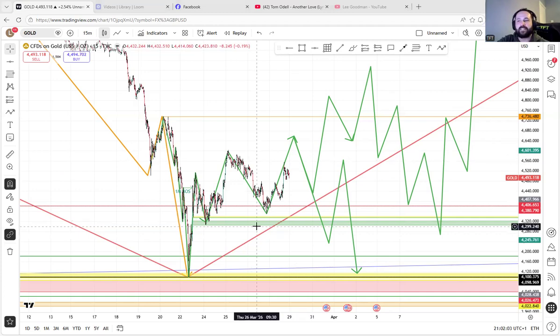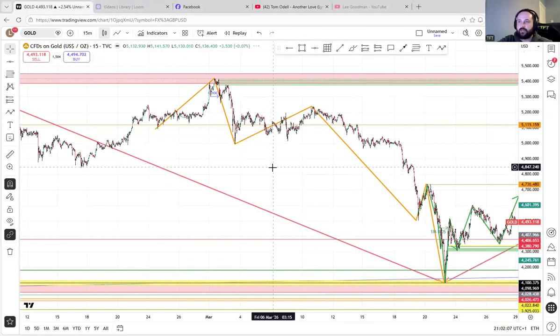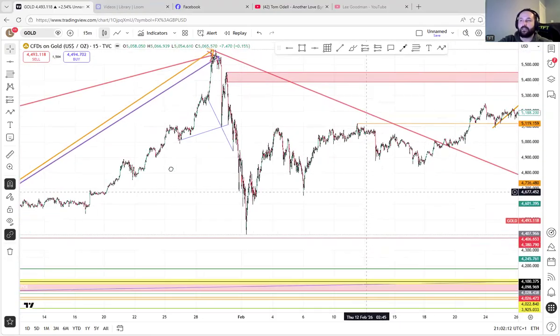A lot of mine's based around structure anyway, because I genuinely believe structure tells you what it's doing before it does it.